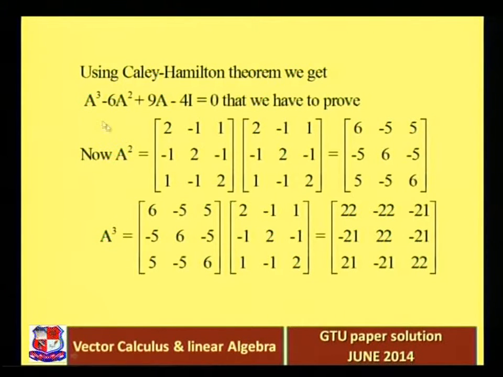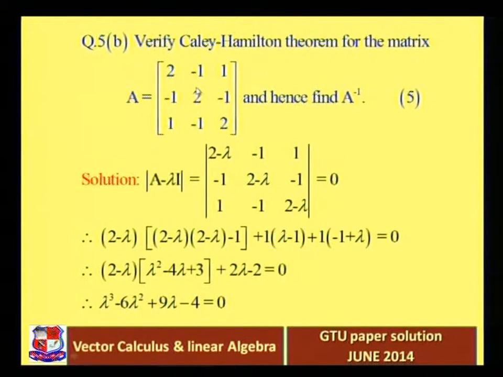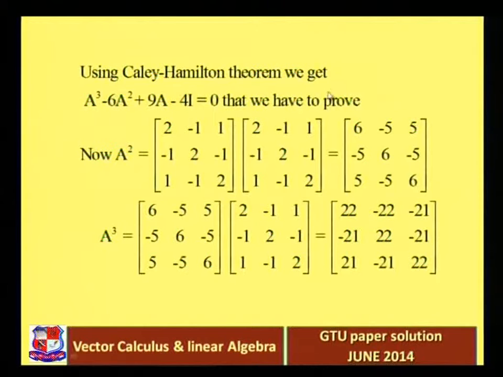So let's try to prove it. First of all we find A square, that means A into A. What is our A? [2 -1 1; -1 2 -1; 1 -1 2]. This is also A into A. Now, matrix multiplication: in which condition can we multiply two matrices?